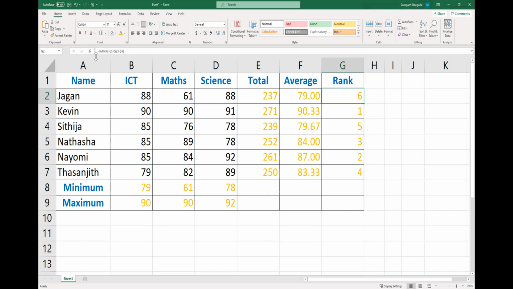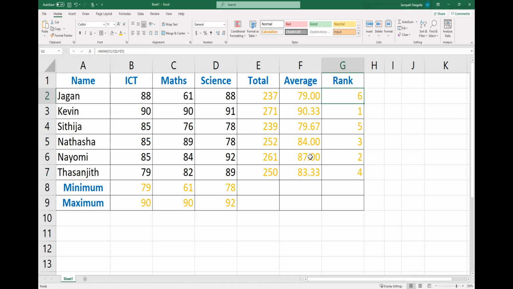So the equation is equal rank F2, comma, F2 to F7. We will give the range. That's all. Two different: first one, you give the value and then you give the range. Because we want to find out 79 is in what position in this set of values. So that's what we are going to find out.